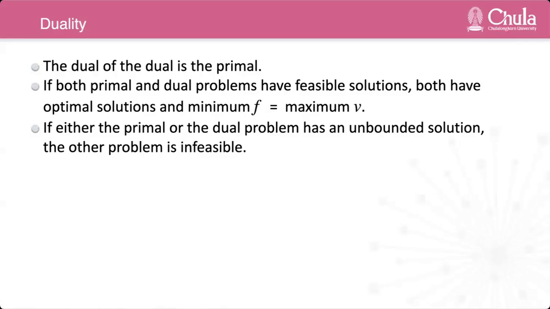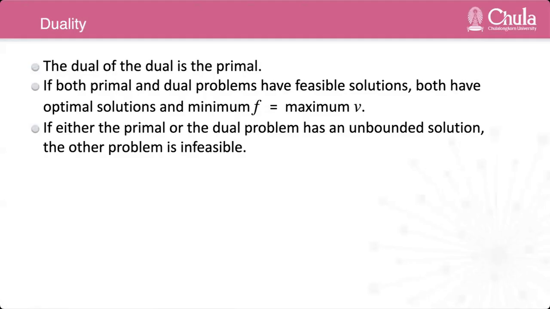If both primal and dual problems have feasible solutions, both problems have optimum solutions and minimum F equals maximum V. And if either the primal or dual problem has an unbounded solution, the other problem is infeasible.